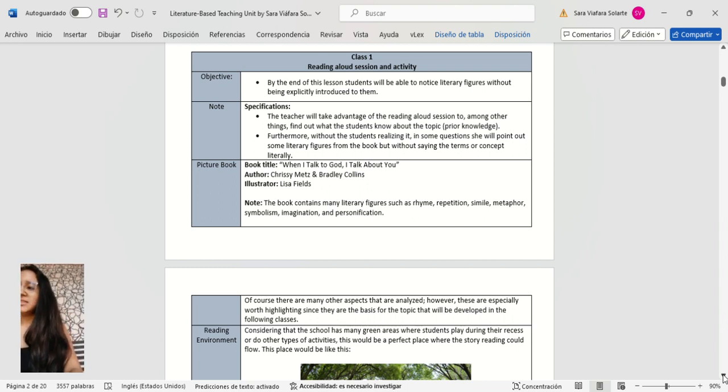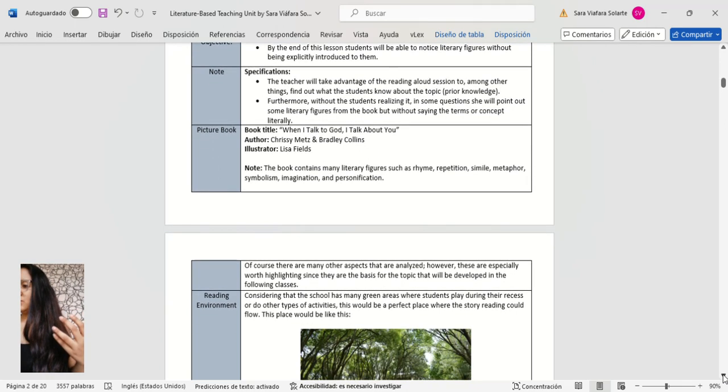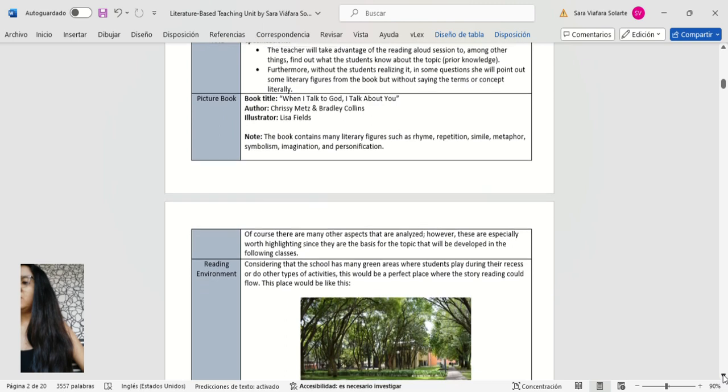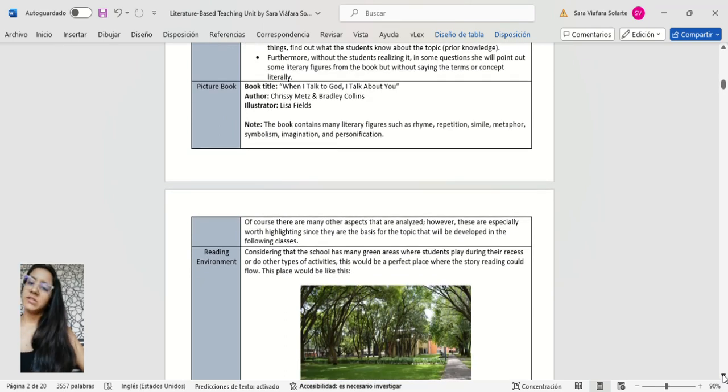No, she will read the story to promote conversation with them. She will ask several questions, and some of those questions will be focused on the literary figures, but not explicitly.